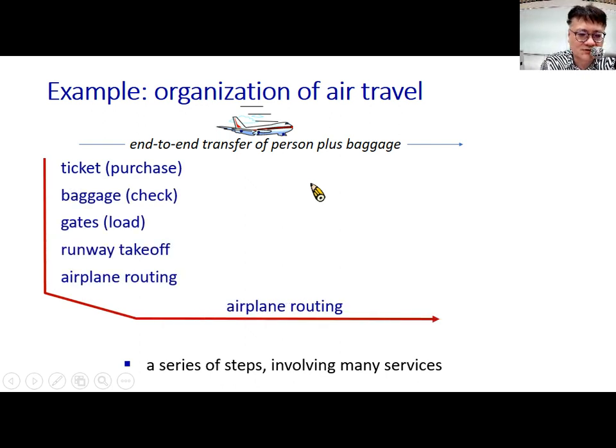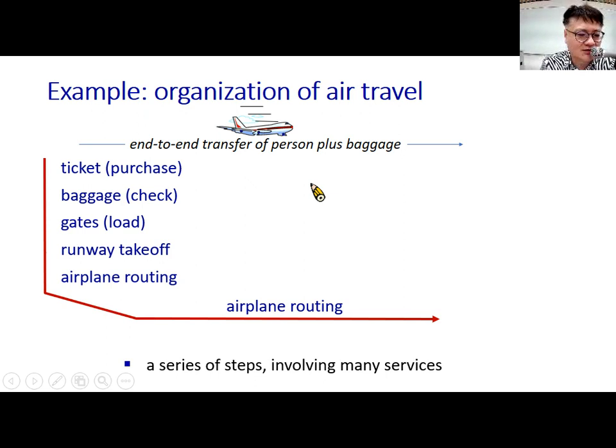So it's about service, right? First, you need the ticket, which you have to purchase. Then also check the package. Then you need to go to the gate. Which gate? The boarding gate, right? Then you need to load.